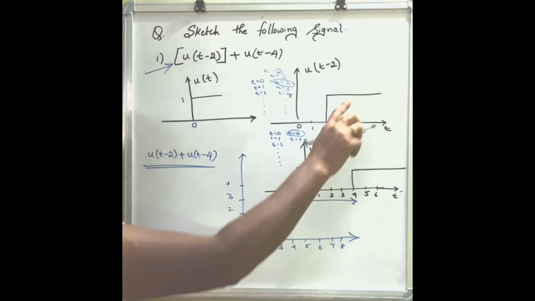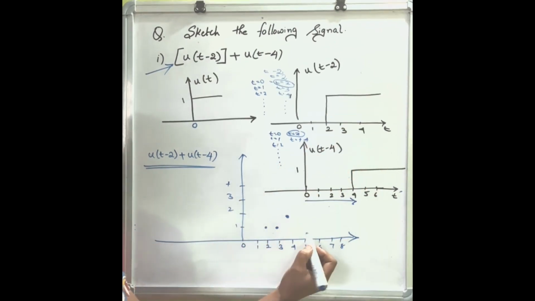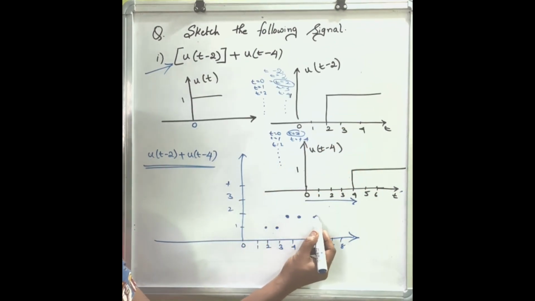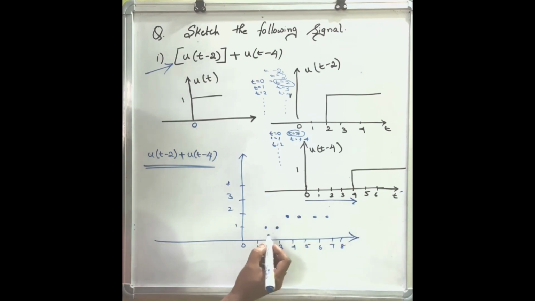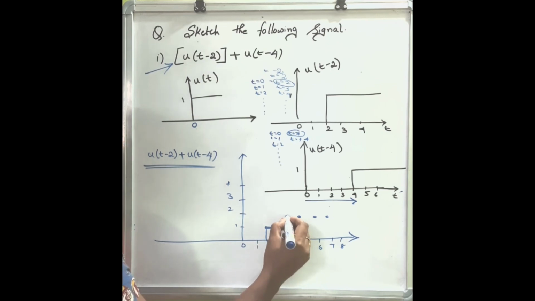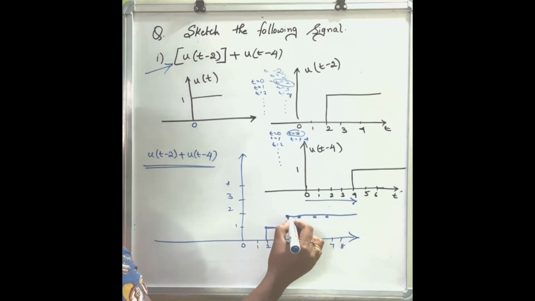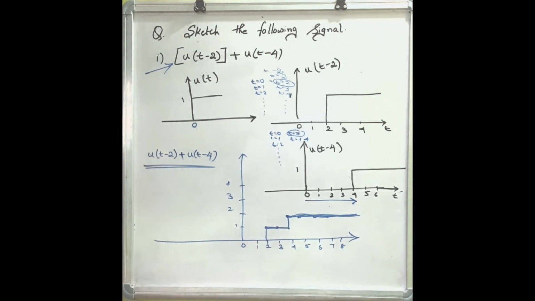Then comes 5, again 1 plus 1, 2. It will go on. This is the new signal, drawn by adding u of t minus 2 and u of t minus 4.